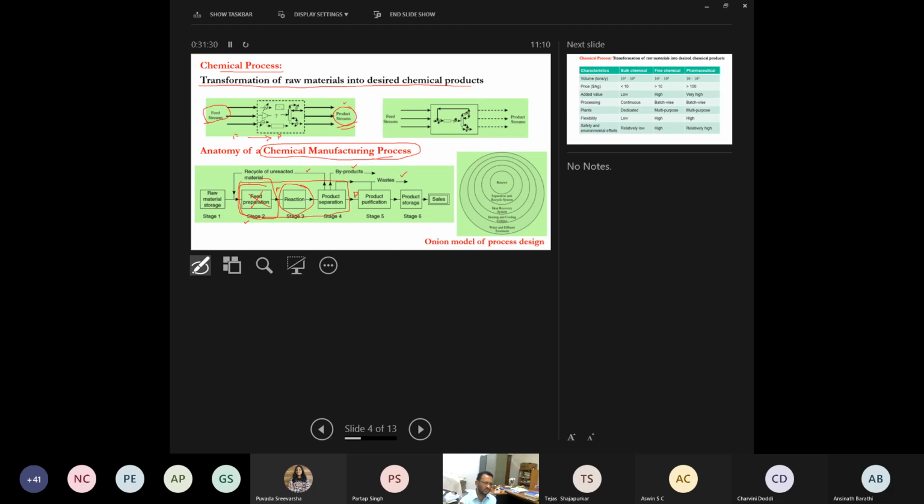Then you should do some homework, or you have to prepare your feed or make your feed eligible to enter this reactor. Okay, using a preheater, or you can use the comminution equipment to reduce the size in metallurgical industries.